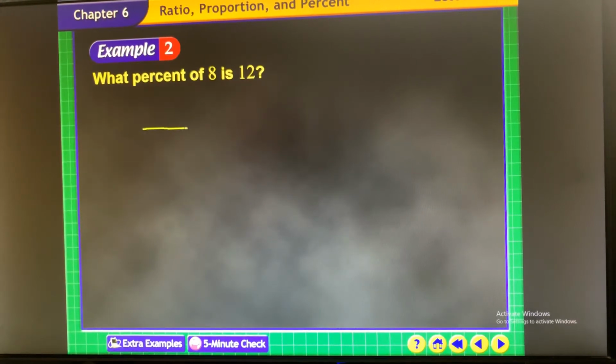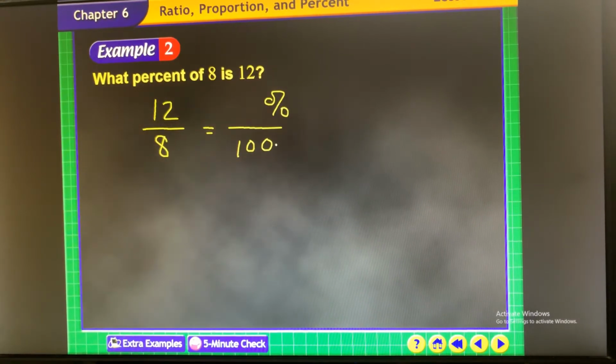So again, what percent of 8 is 12? Don't think that it's always the smaller number that goes on top. That is the part. The part is not always the smallest number, because sometimes percentages can be greater than 100%, like when you get extra credit.